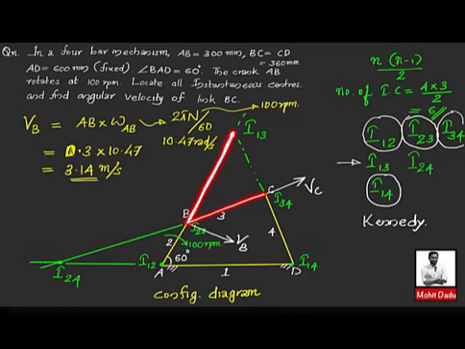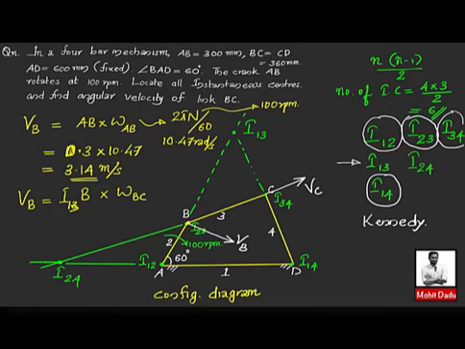So I13B will be the distance into omega BC, the angular velocity of link BC which you have to find. So this VB you can equate to I13B, the distance from the instantaneous center I13 to point B, into omega BC.